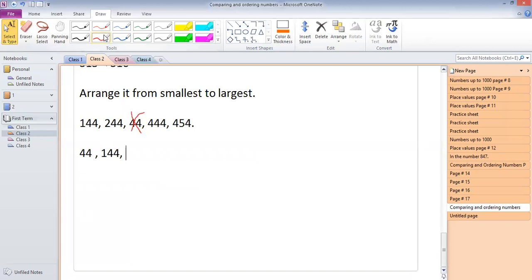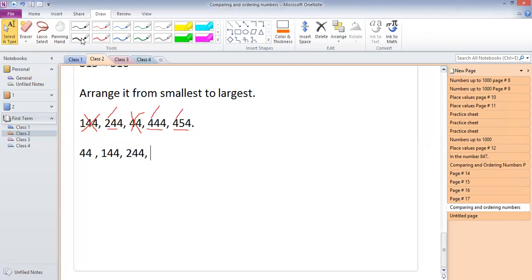I finish writing 144 now. Now I will again check the smallest value among these three, 244, 444, and 454. I will compare the hundreds first. This is 200, this is 400 and this is 400. So 2 is smaller than 4. That's why I will write 244 first.